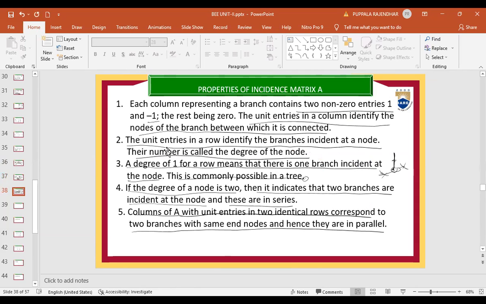Let us suppose this is in column 1 and column 2.